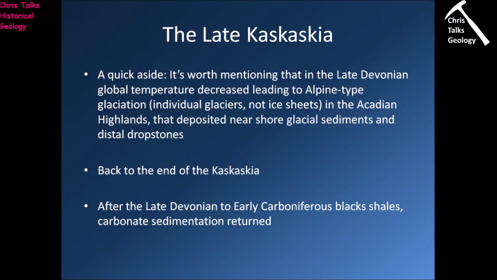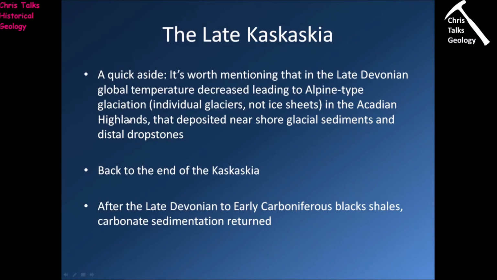So what's going on in the late Kaskaskia? A quick aside: it's worth mentioning that in the late Devonian, global temperatures begin to decrease, leading to alpine-type glaciation, so those are mountain glaciers, forming in the Acadian Highlands. When these glaciers reach the sea, they'll melt.